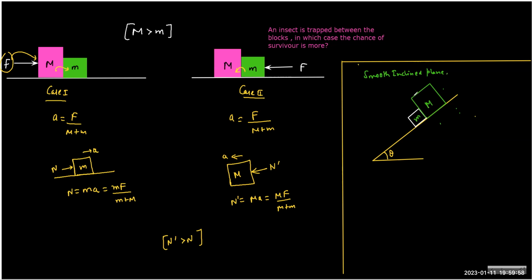So now we have a smooth inclined plane. Tell me what is the normal reaction between the blocks? Find the normal reaction between the blocks. Tell me.